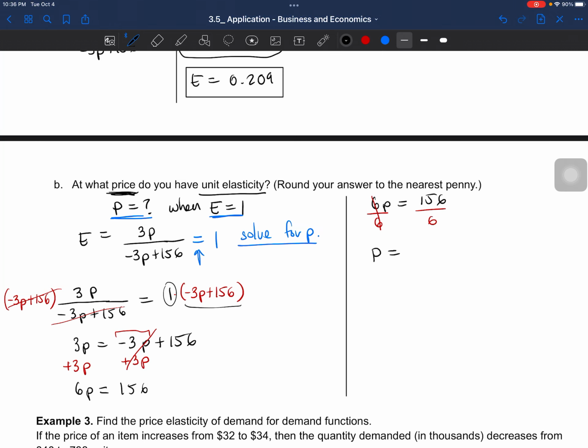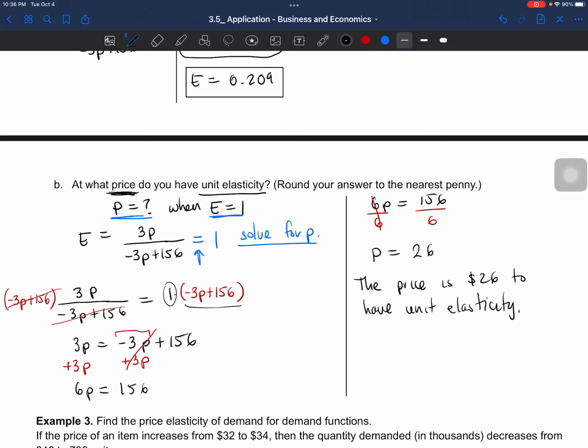And if we divide both sides by 6 so we can isolate our p, we will have p equals 26. So the price is $26 to have unit elasticity.